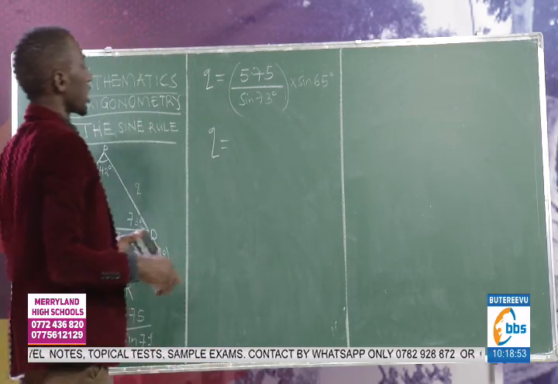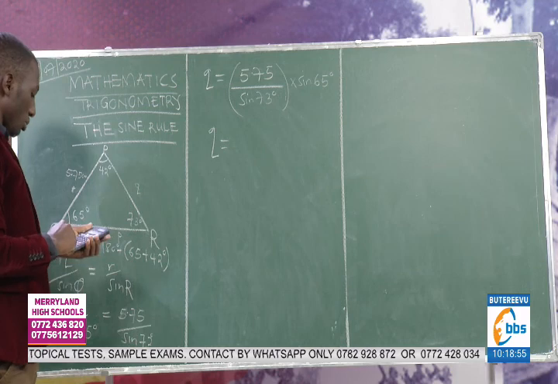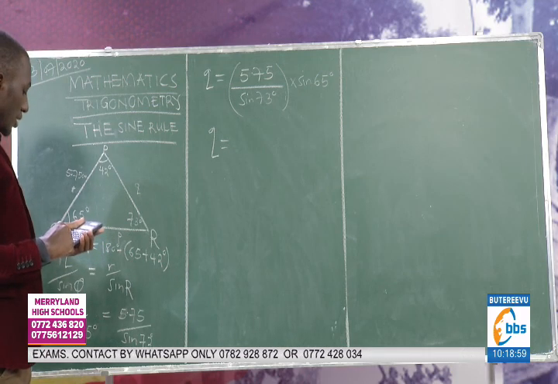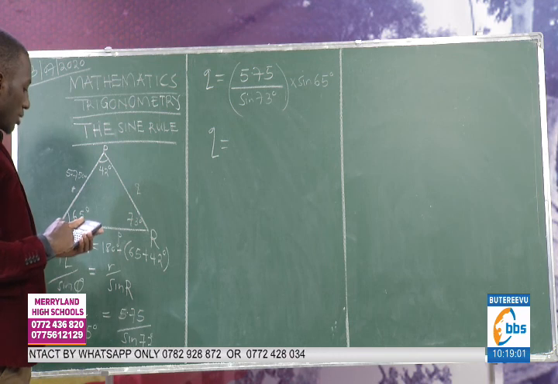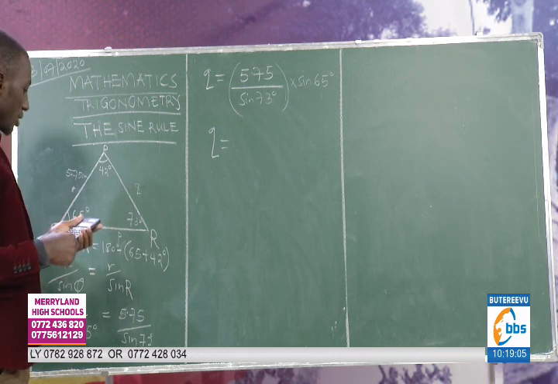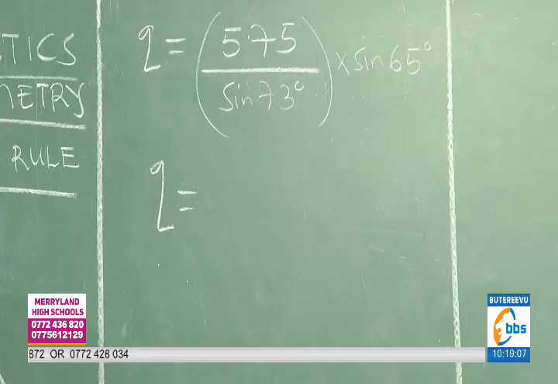So just press on the calculator: you press 5.75. Remember the calculator has to be in degrees, as I've told you. Then this will be divided by sine of 73. After that, you multiply it by sine of 65.